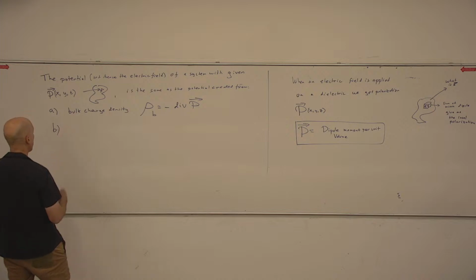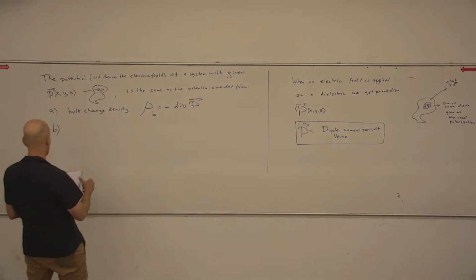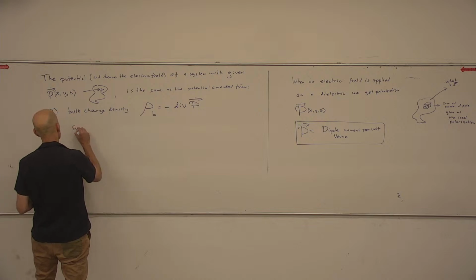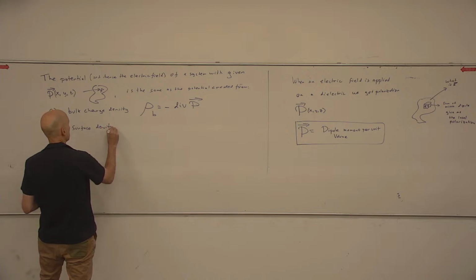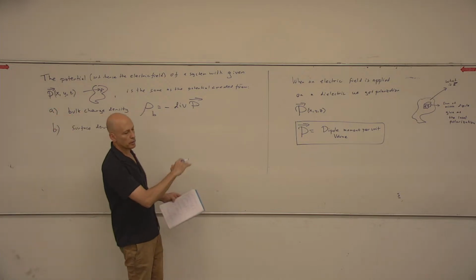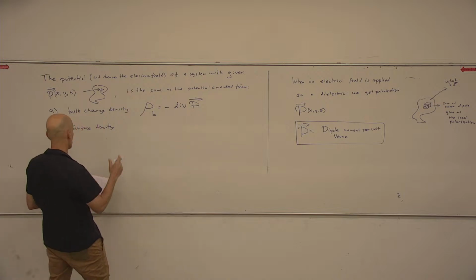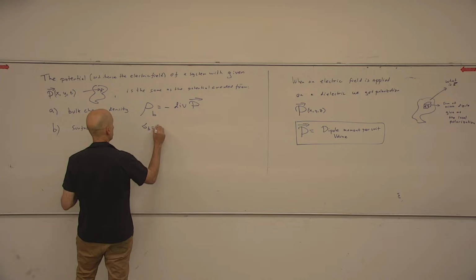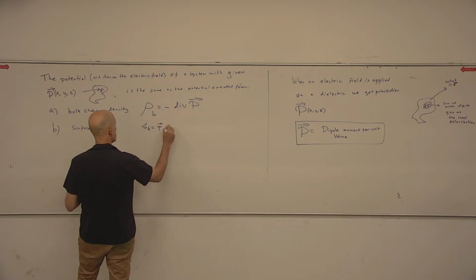B, and in addition to this bulk charge density, surface density. Surface density is given units of charge divided by surface, which is meter squared, which is sigma B equals P dot n. What is n?